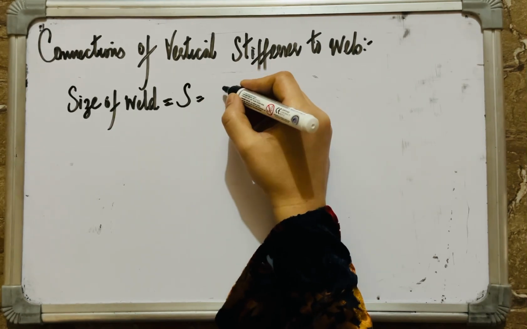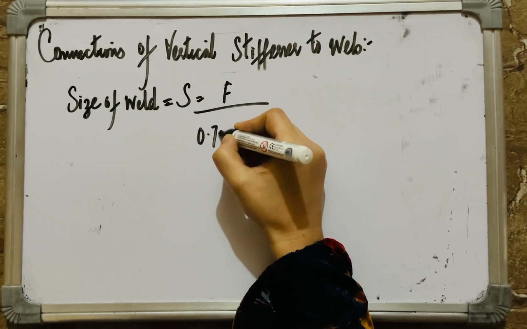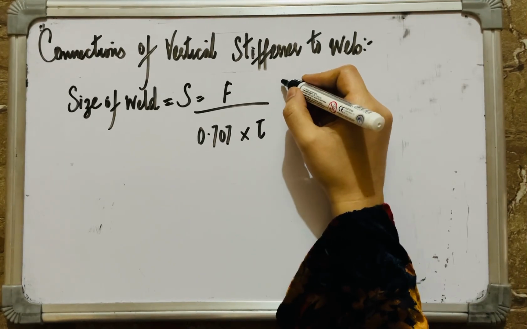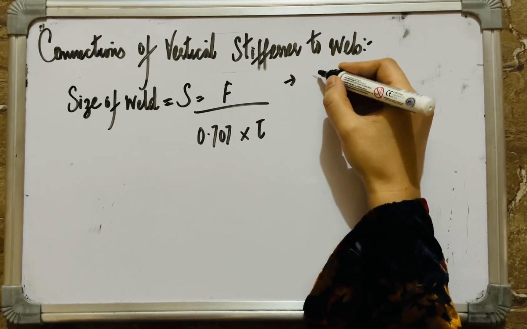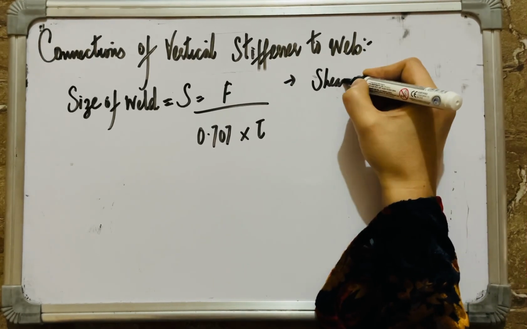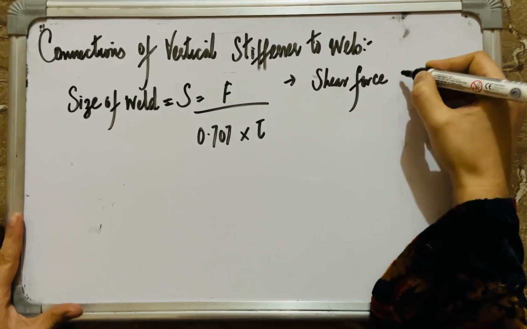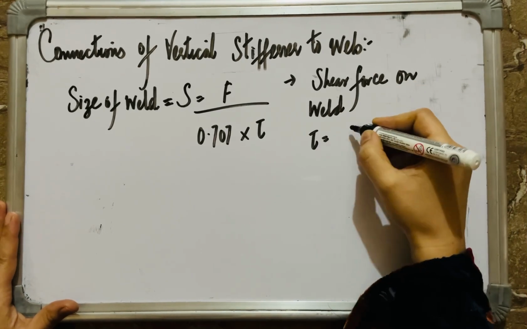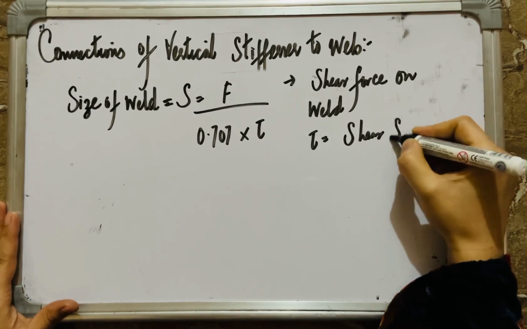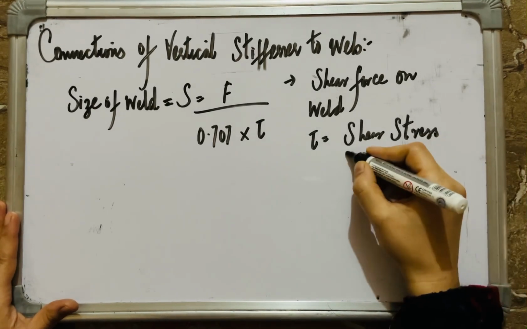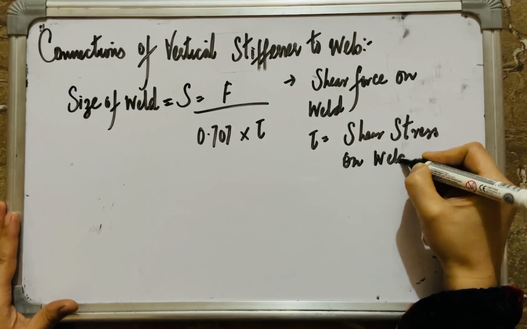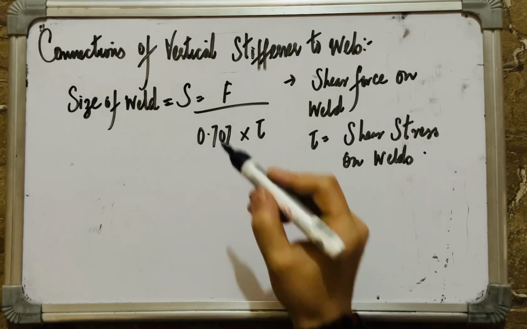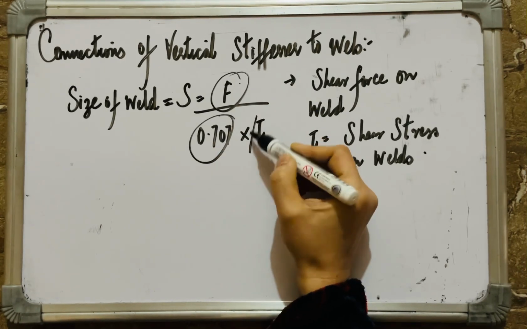S is given by F divided by 0.707 into tau, where F is the shear force on welds, and tau is the shear stress on the welds, and 0.707 is there in the formula. This is a constant. I have to see what this shear stress is.